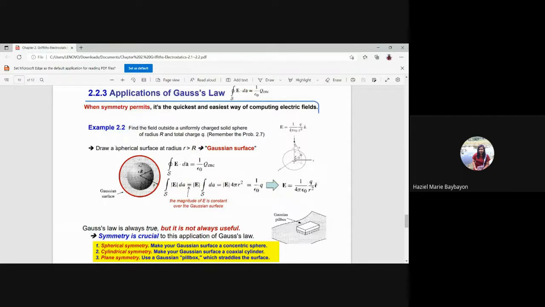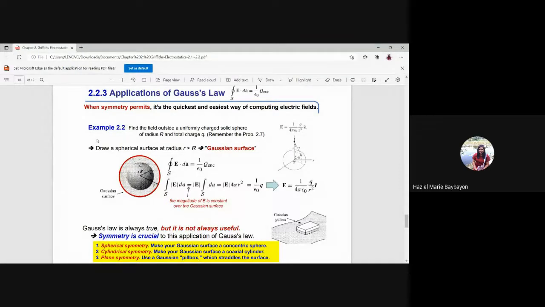So, earlier, if you remember, class, we solved problem 2.7, and we encountered long integration, or very difficult integration. Okay, so using Gauss' law, we can minimize those formidable integrations.